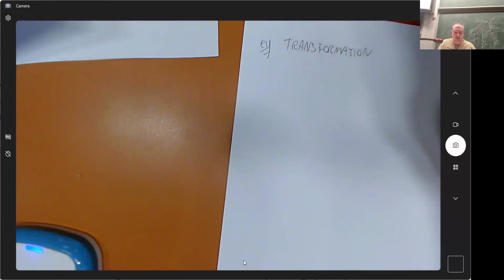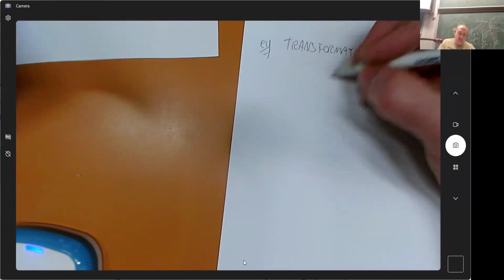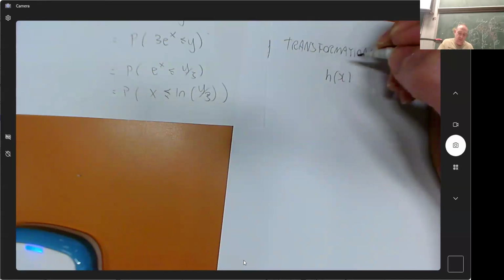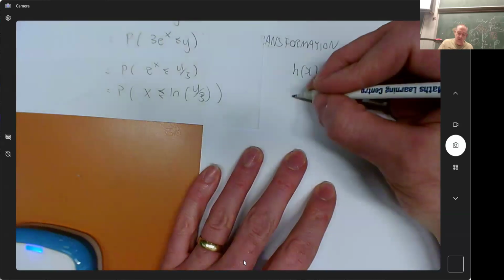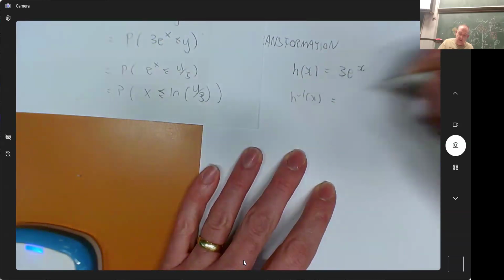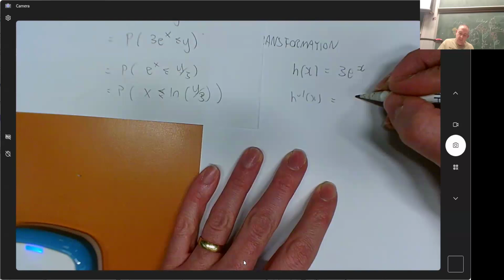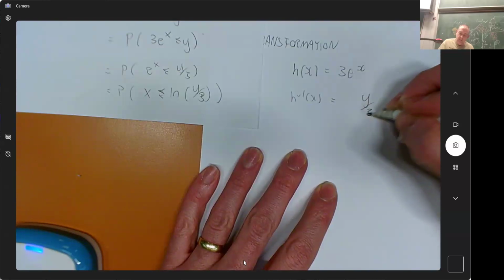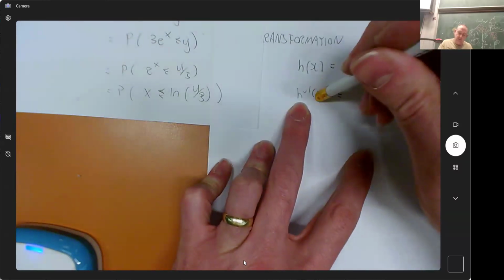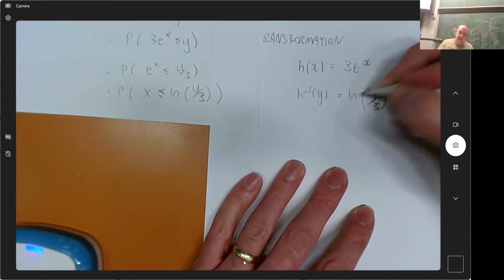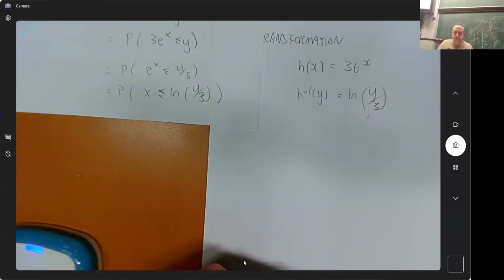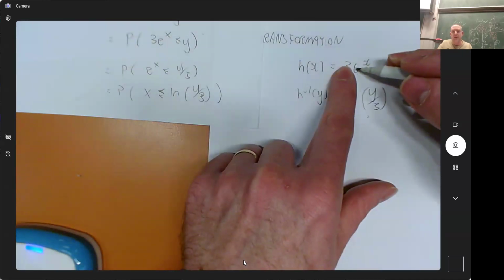I'm almost certain that it's going to be, I'm going to let h(x) be 3e^x. And h inverse of y is ln(y/3), because I have to first divide by the 3 and then do the ln.